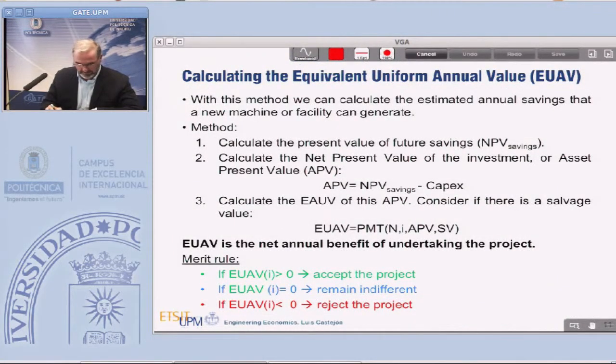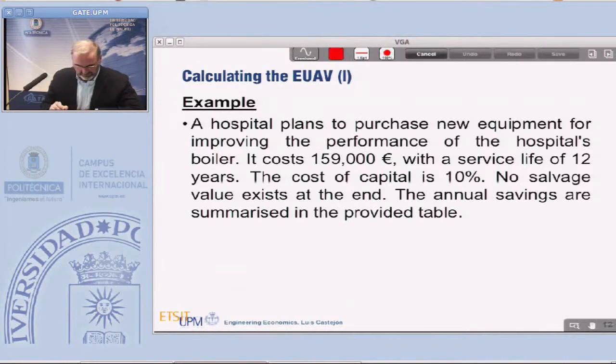And then you see here the equivalent uniform value. So it's quite straightforward. You can study it by yourself. The usefulness of this methodology is that we are estimating the value of future things. In this example, a hospital plans to purchase new equipment for improving the performance of the current boiler of the hospital.